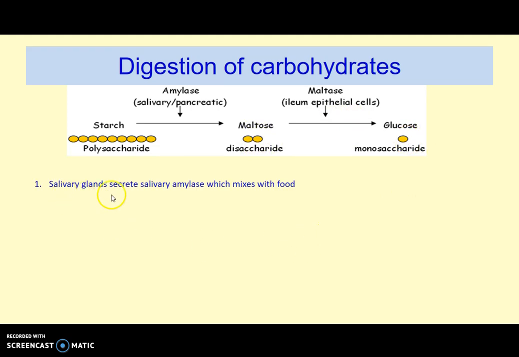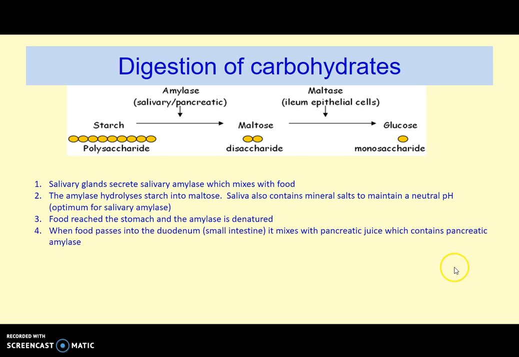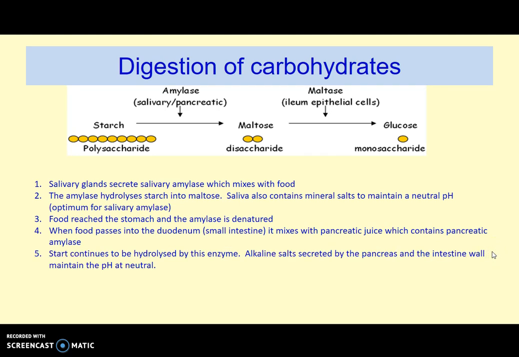So let's go over that. Salivary glands secrete salivary amylase. That amylase hydrolyzes starch to maltose. Food reaches the stomach. That amylase will be denatured. But when it passes into the duodenum, pancreatic juice contains the pancreatic amylase, so there's further hydrolysis.